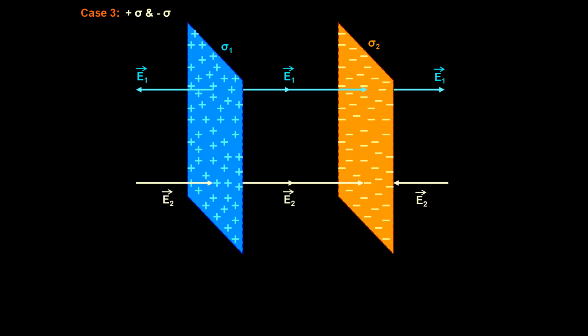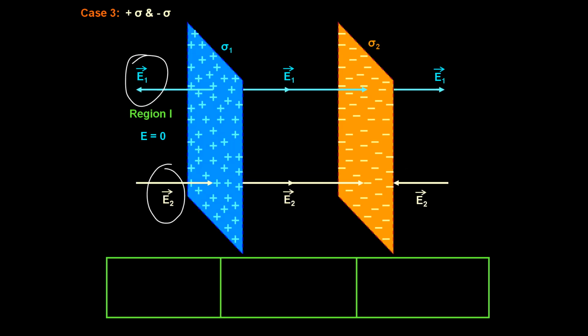Now we can find out electric field in three regions as we were doing for the previous two cases. Consider region 1. In region 1, electric fields are E1 and E2. They are acting in the opposite direction. Since the surface charge densities are equal, we can write sigma by 2 epsilon 0 minus sigma by 2 epsilon 0. Two equal and opposite vectors will cancel each other, right?